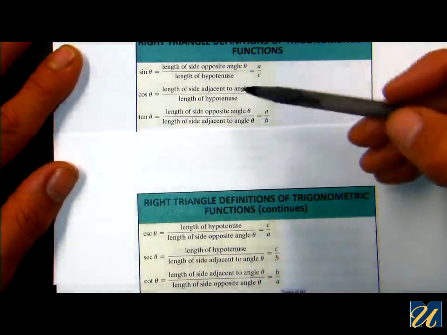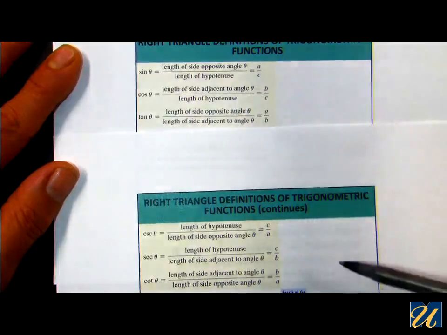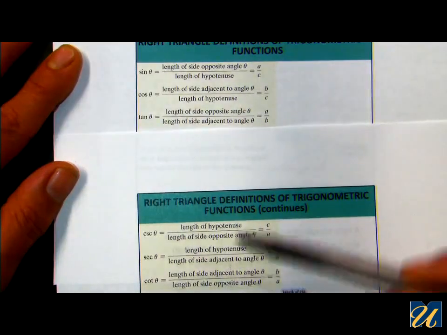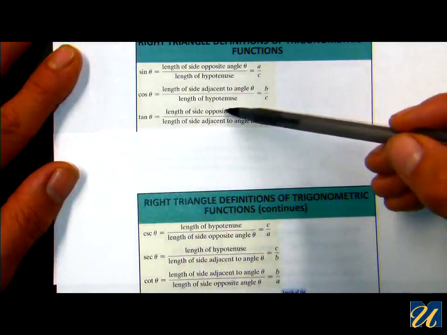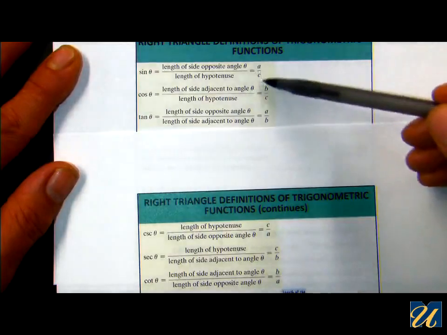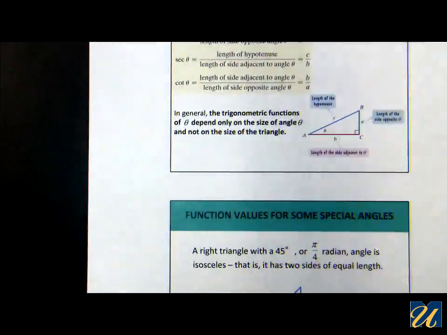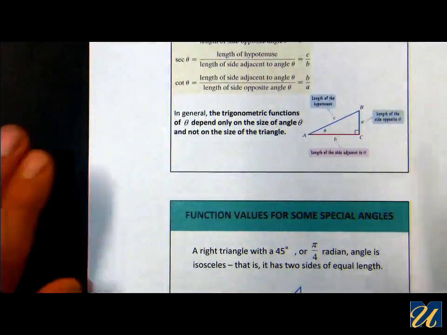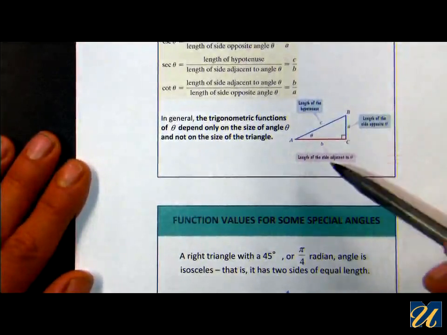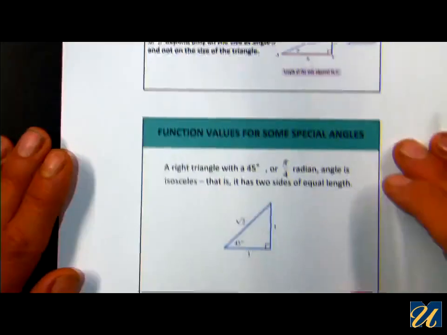That is the reciprocal of the cosine function, which is the adjacent length over the hypotenuse. And the cotangent is adjacent divided by opposite, which is the reciprocal of the tangent, which is opposite over adjacent. That's why these 3 values here are reciprocals of these 3 values right here. And the same relationship holds for right triangles for these 3 trig functions, where it depends upon the size of the angle and not the size of the triangle.